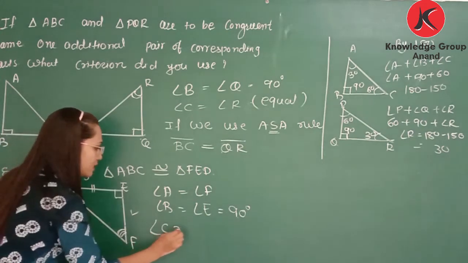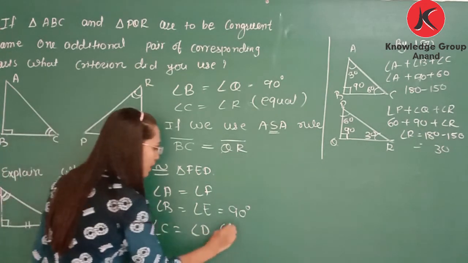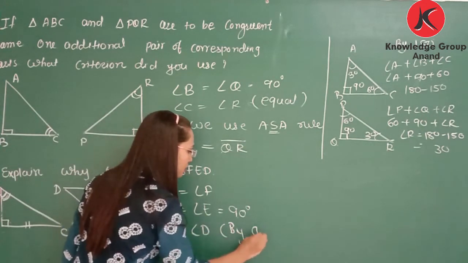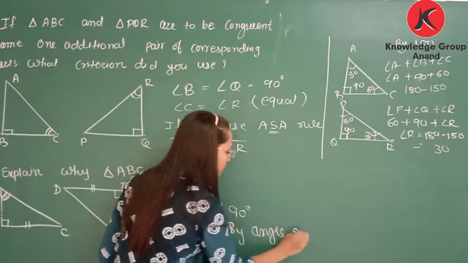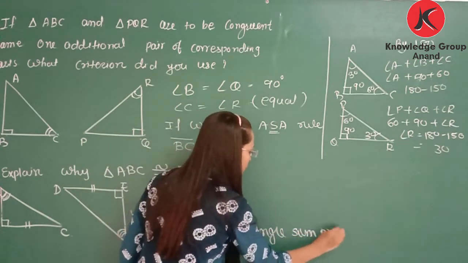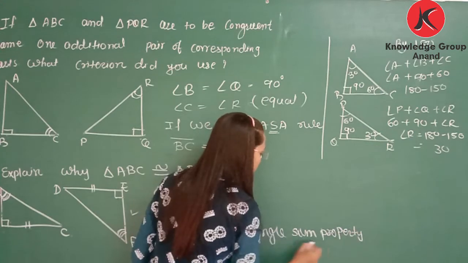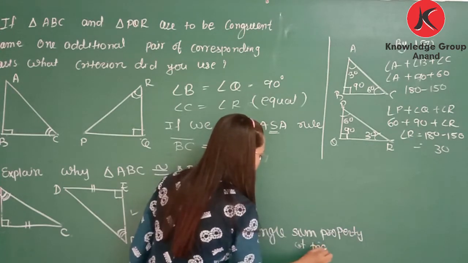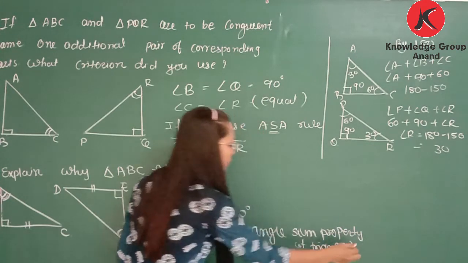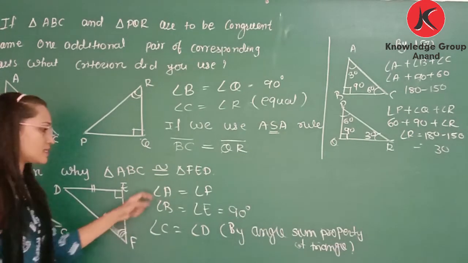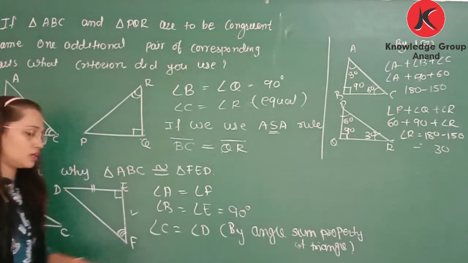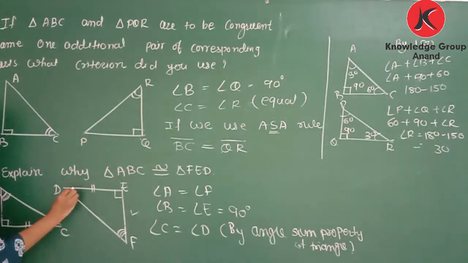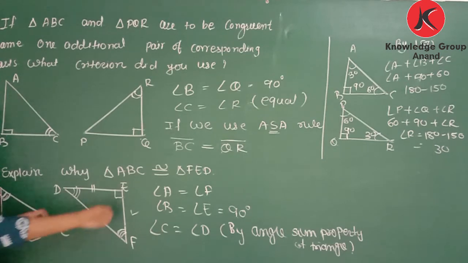Here we can write angle C is equal to angle D by angle sum property of triangle. If two angles are equal, then the third angle is also equal. Now we consider that angle D is equal to angle C. Now this will be the included side, BC and DE.